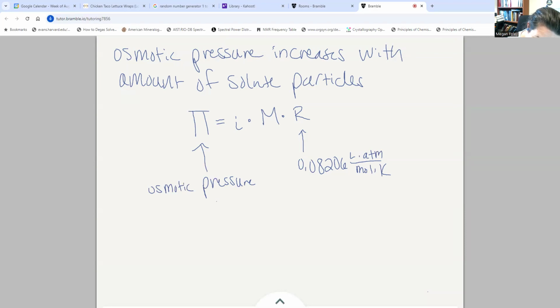Which will be in atmospheres. And then times our temperature, which will be in Kelvin. So we can see that not only the concentration, but the number of particles will affect our osmotic pressure, just like it does our other colligative properties.